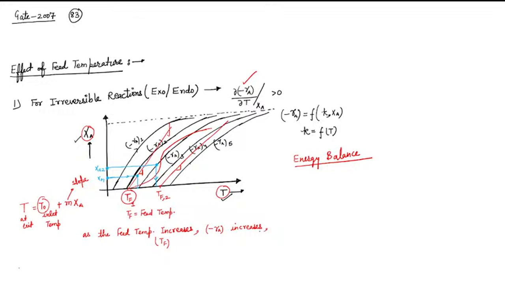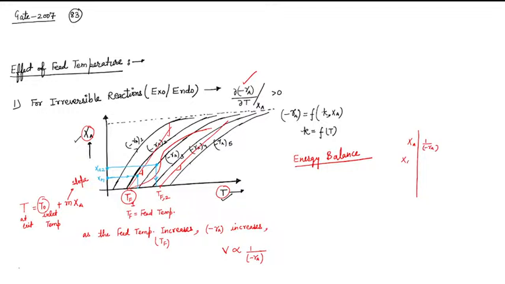And what we know from the design equation is that volume V is inversely proportional to the rate. If the rate is high, the volume of the reactor will be low. So from that curve I will get this curve, conversion versus 1 by minus Ra.